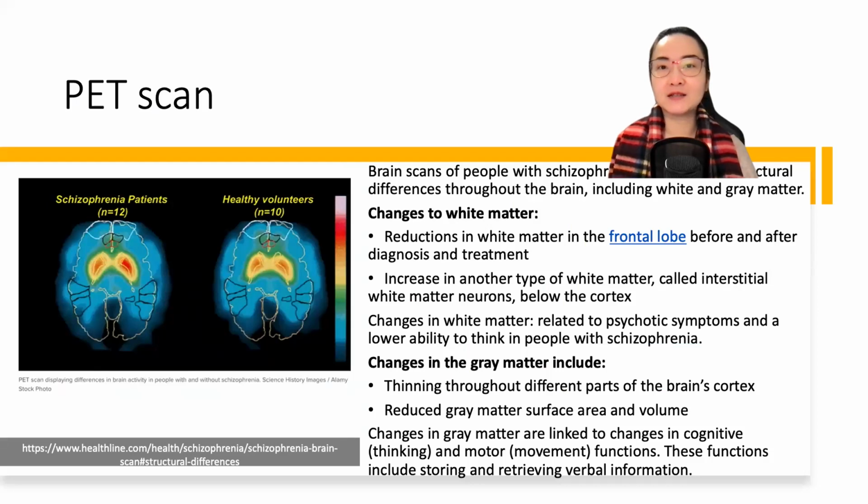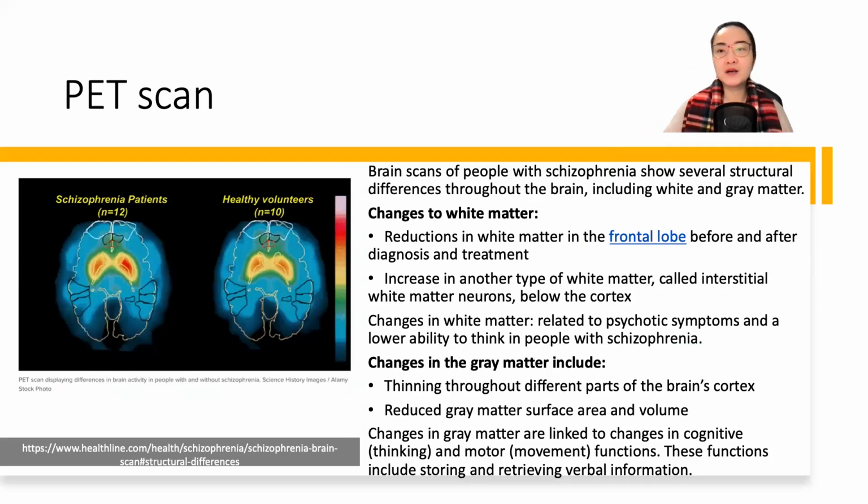PET scan. Brain scans of people with schizophrenia show several structural differences throughout the brain, including white and gray matter. You can see here the picture on the left-hand side. Changes to white matter.